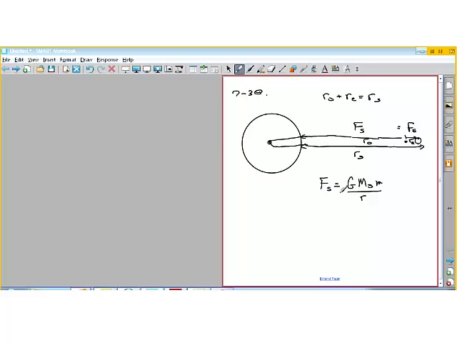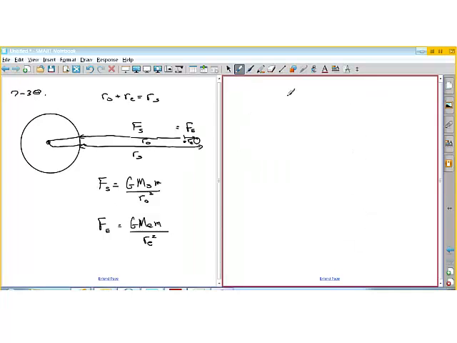In the case of this calculation, the distance is r sub o, and we square that. Whereas the force that the Earth is pulling on it in the opposite direction is still the universal gravitational constant, the mass of the Earth times the mass of the object divided by r sub e squared. And because these are going to be equal to each other, we can set the right-hand sides equal to each other.